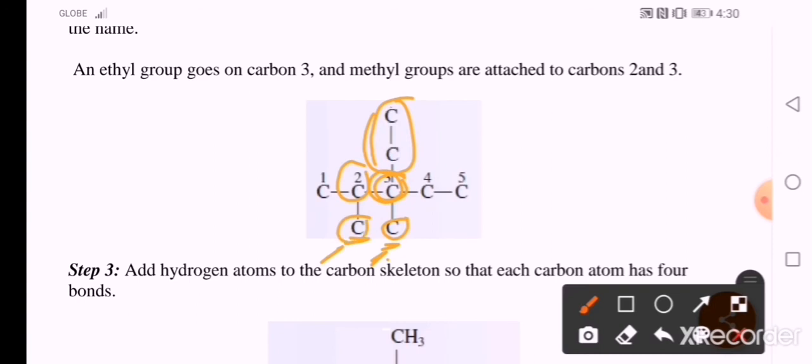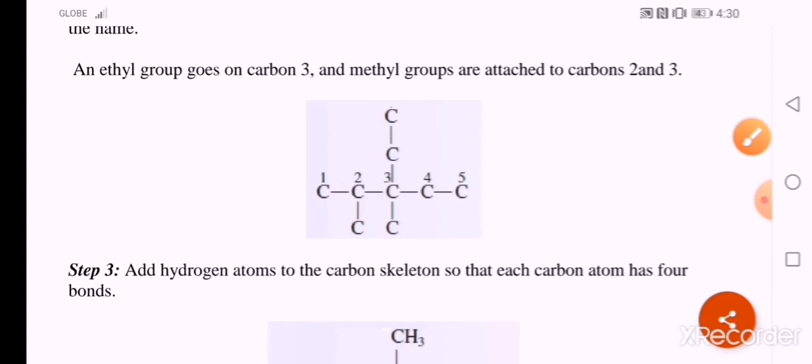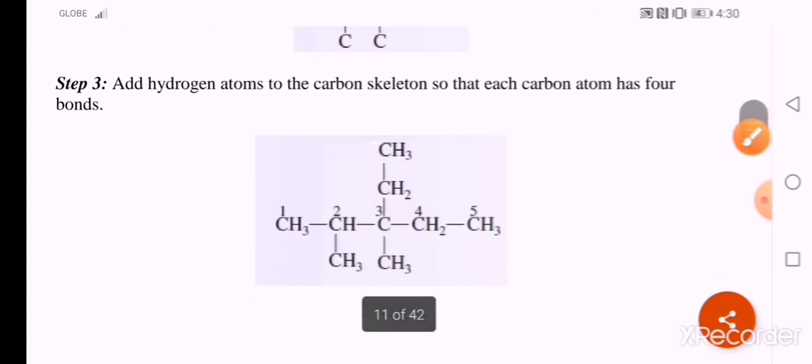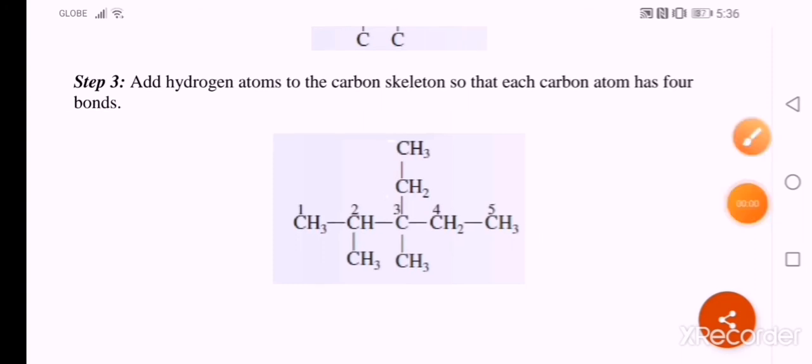Okay, so now that you had attached carbon atoms for each substituent or alkyl group, you have to add hydrogen. So ito yung hydrogen niya. So always bear in mind, for the carbon atom in the alkane, it should satisfy 4 single bonds.